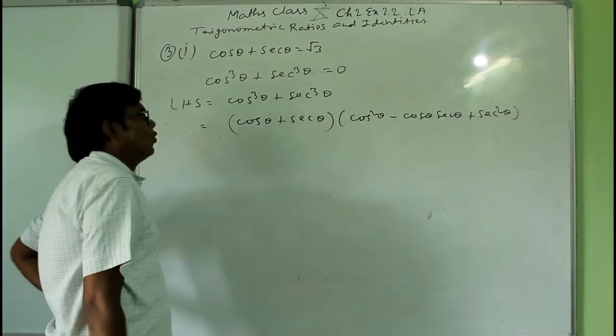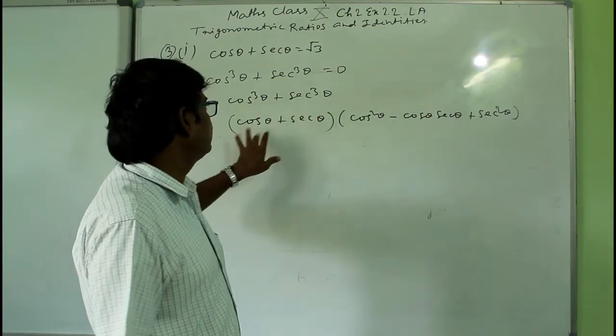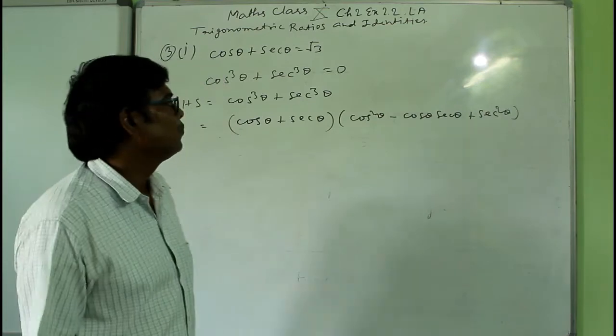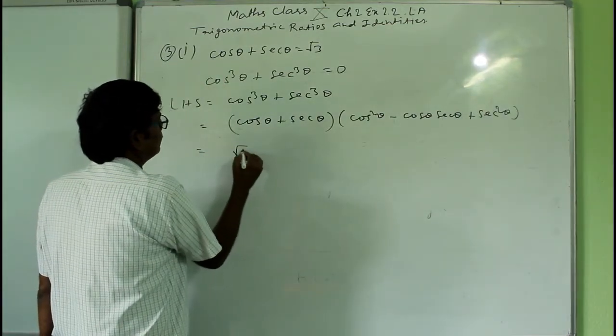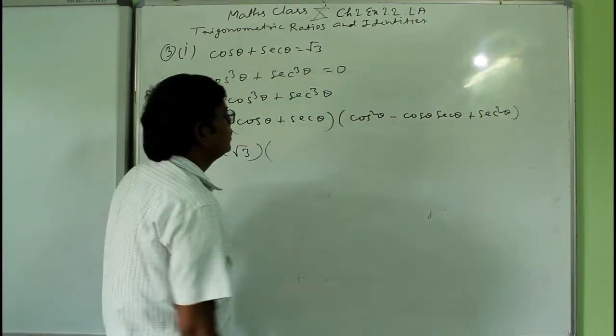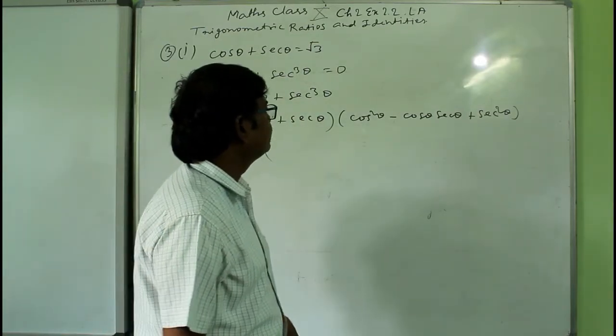This is the formula. You know the formula: A cube plus B cube is A plus B into A square minus AB plus B square. So now you have root 3 here, because the value is given as root 3.